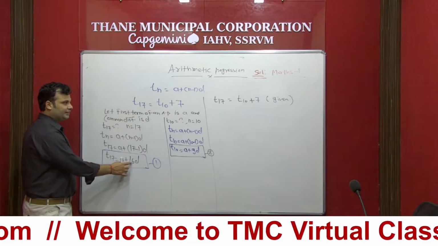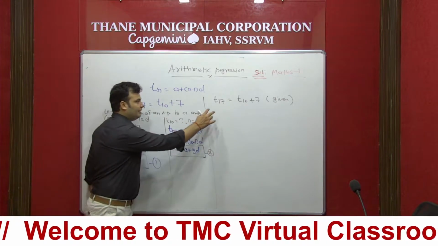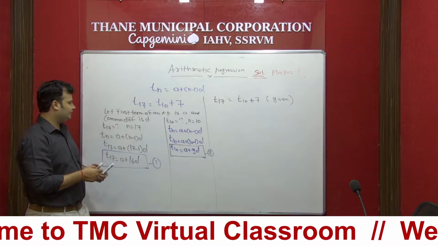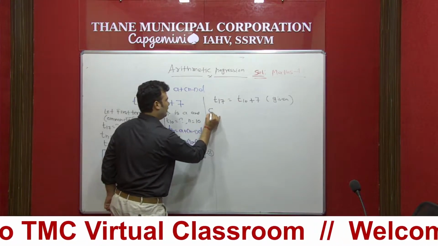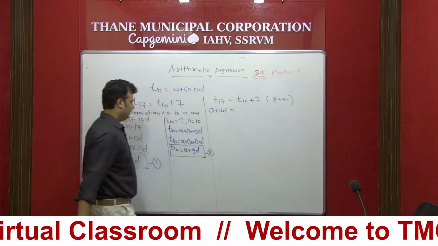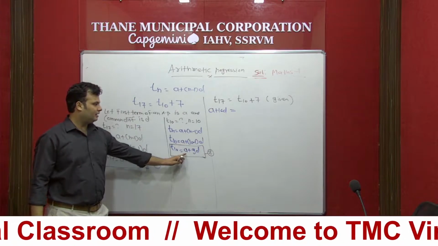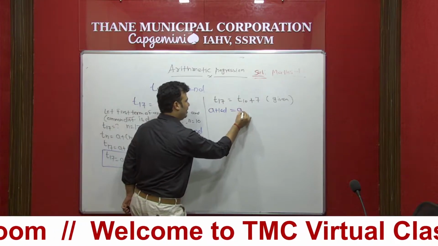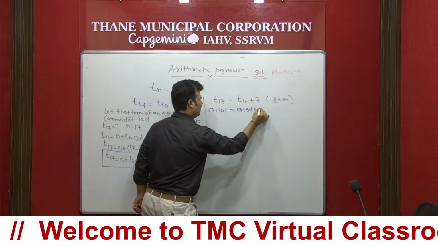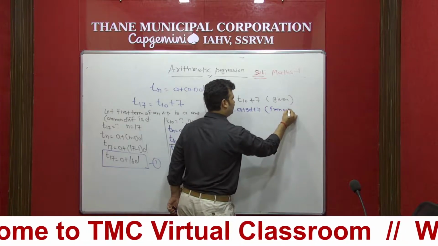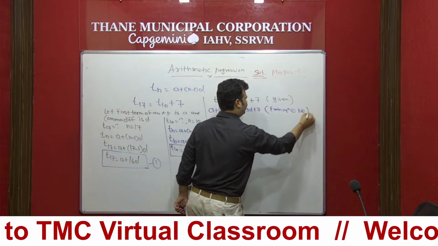So A plus 16D equal to T10 plus 7. What is T10? A plus 9D. So in place of T10, we can put A plus 9D plus 7. And this is from equation first and second.